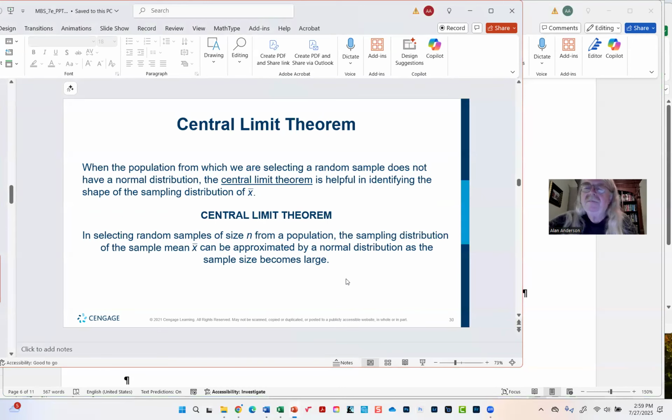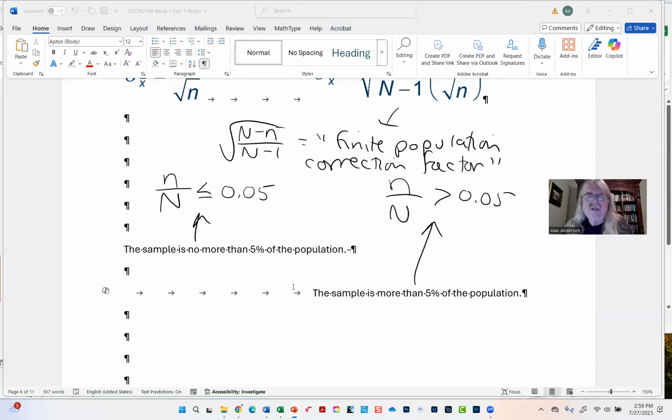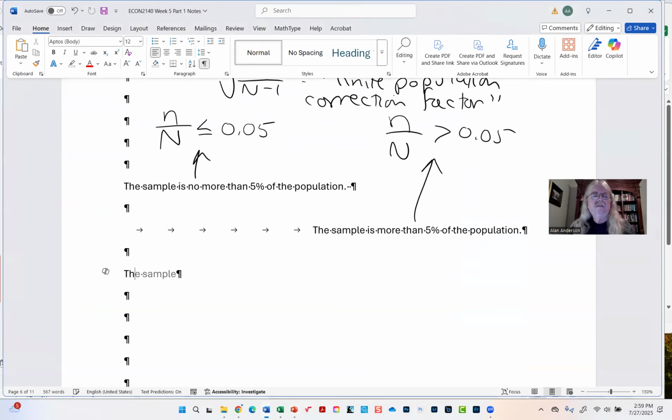So, by the way, just as an aside, we're going to introduce the so-called central limit theorem. This is a result in statistics that tells us when we can use the normal distribution for the sampling distribution of X bar. So according to this theorem, X bar is normal if one of two things is true.